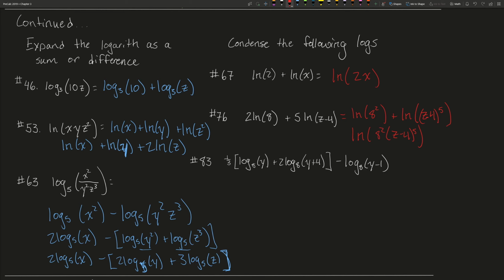And then 83 is a little bit longer. I'm going to first condense the inside of the parentheses. So we can rewrite this as log base 8 of y plus log base 8 of y plus 4 squared. Then we can take care of the sum inside.